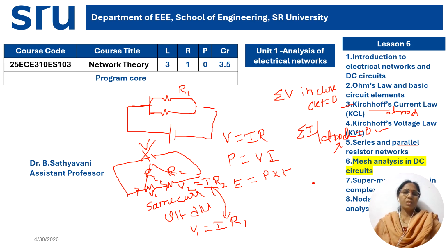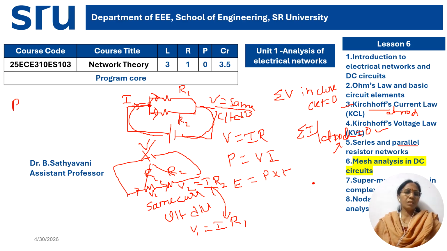Here, if the current delivered by this voltage source is I, this current is divided into two parts, and the voltage across R1 and R2 is the same. So the voltage is the same, but the current is dividing. Is it right? So in a parallel circuit, the property is the same voltage, but current division takes place, and the currents are different.